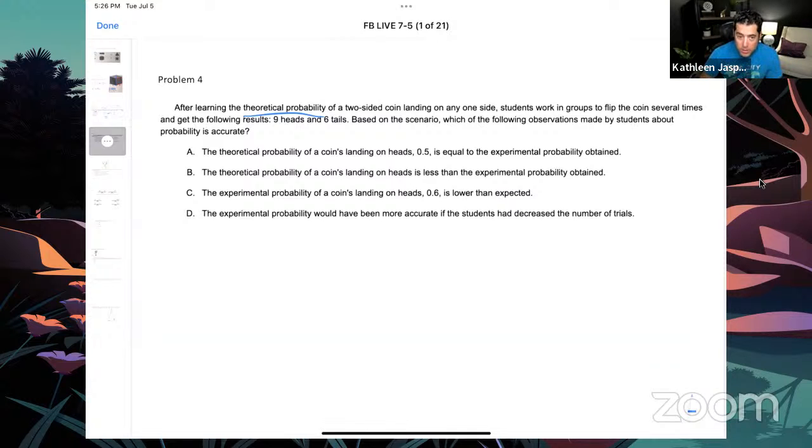It says the theoretical probability of a coin landing on heads, 0.5, is equal to the experimental probability obtained. So here's where we see theoretical probability and experimental probability, and we see it in every answer choice. Do you know what theoretical and experimental probability are?